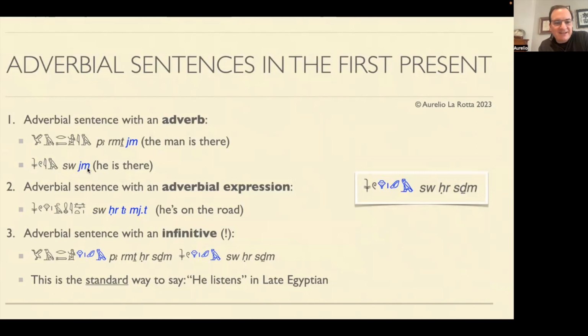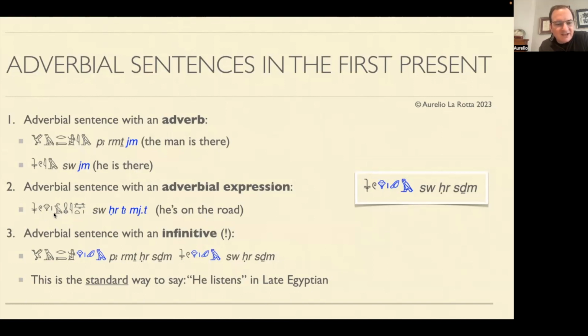You can also expand that. Instead of saying die here or im there, I could have a whole full adverbial expression, like, for example, on the way. Su ta meet. The determinative here just indicates that this has something to do with roads or distance or way. And then this is the word itself spelled with a me, reed leaf, and then a determinative and a little t at the end.